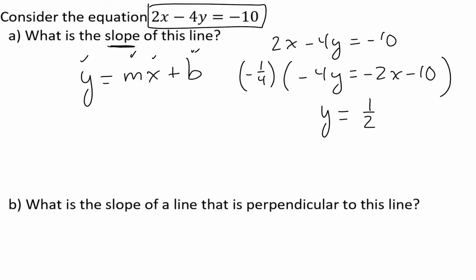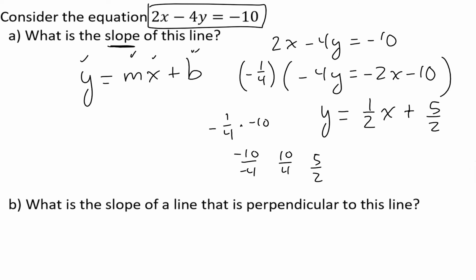So negative 1/4 times negative 2 is positive 1/2, and then x. And then I've got negative 1/4, and I'm going to multiply that times a negative 10, which is going to give me a negative 10 over negative 4, which is just going to be positive 10/4, which is positive 5/2. That's not bad. So plus 5/2.